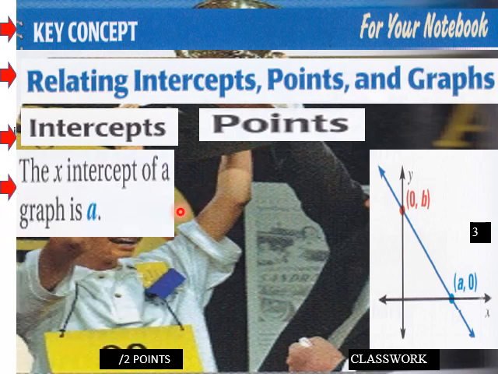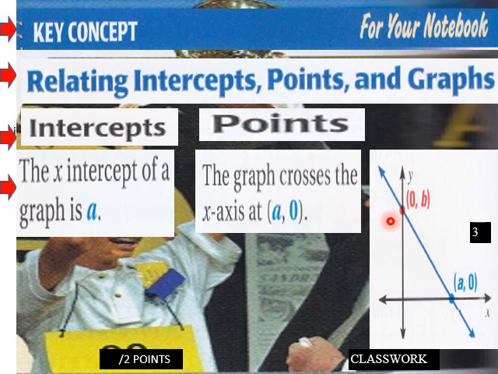Intercepts and points. Here's your y-intercept, here's your x-intercept. When y equals 0, you find your x-intercept. And when x equals 0, you find your y-intercept.